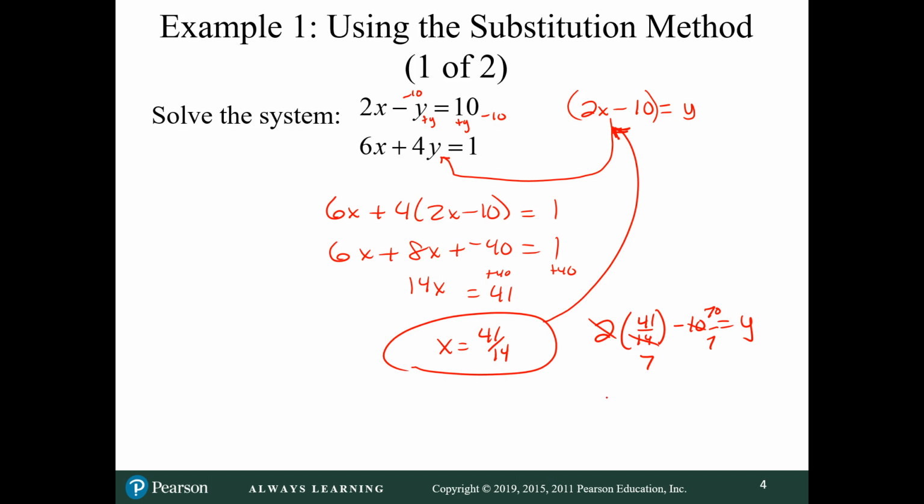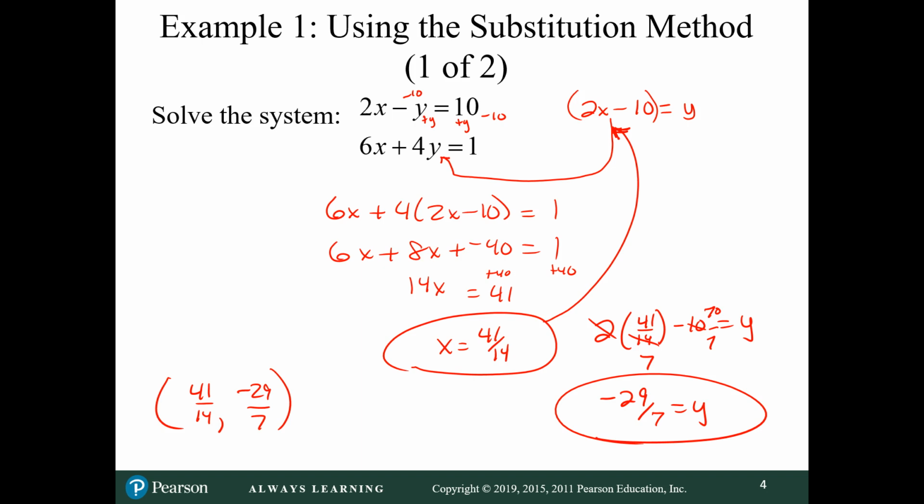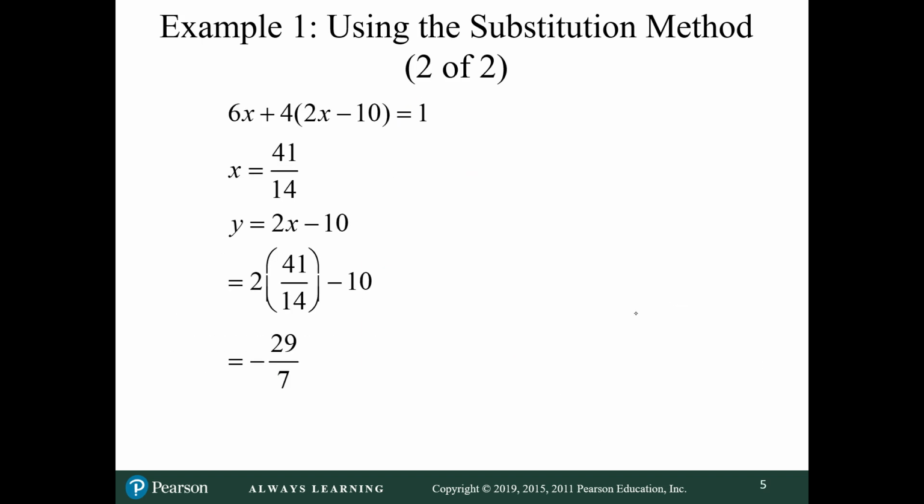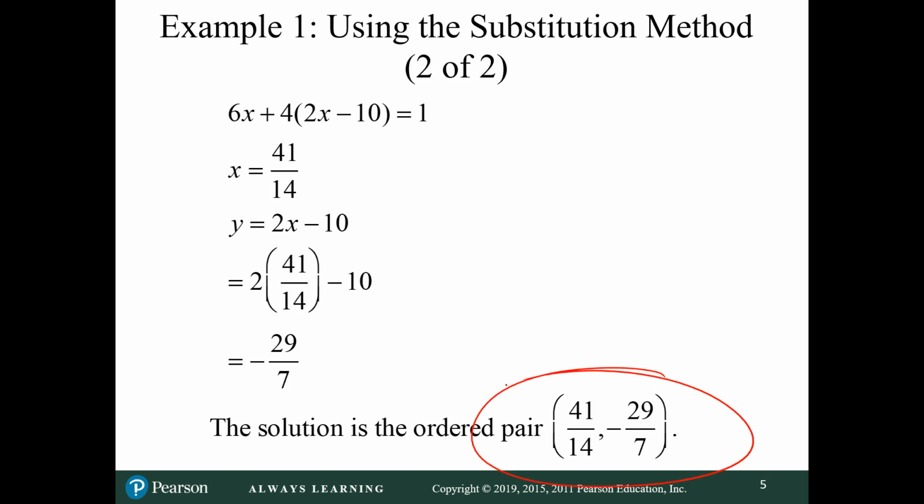So 41 minus 70 is a negative 29/7 equals y. So the ordered pair, the solution, is 41/14, negative 29/7. Okay, that's the substitution method.